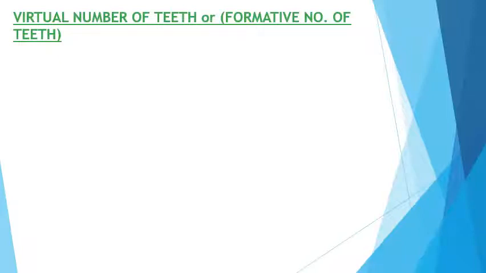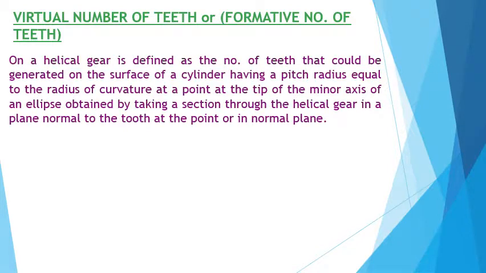Virtual number of teeth or formative number of teeth in helical gears. The virtual number of teeth in a helical gear is defined as the number of teeth that could be generated on the surface of a cylinder having a pitch radius which is equal to the radius of curvature at a point at the tip of the minor axis of an ellipse, obtained by taking a section through the helical gear in a plane which is normal to the tooth at the point, or in a normal plane.